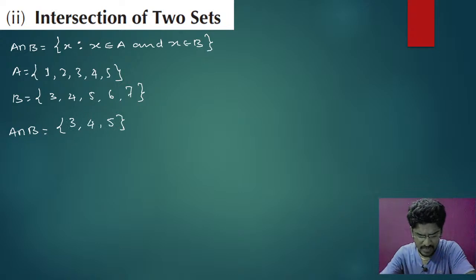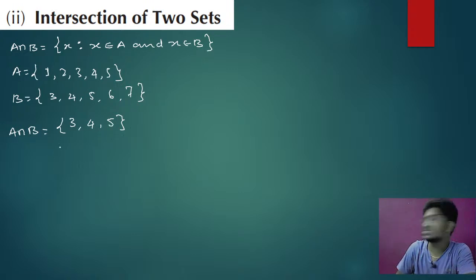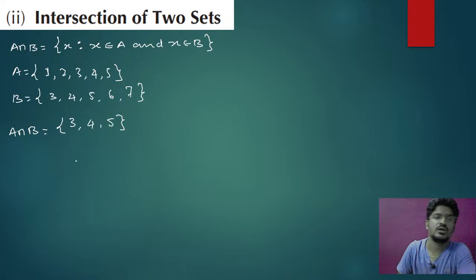These are the common elements that we have to write in A intersection B. So if we write them in A intersection B, they are called the common elements. Therefore 3, 4, 5 is going to be in the set A intersection B. Clear?